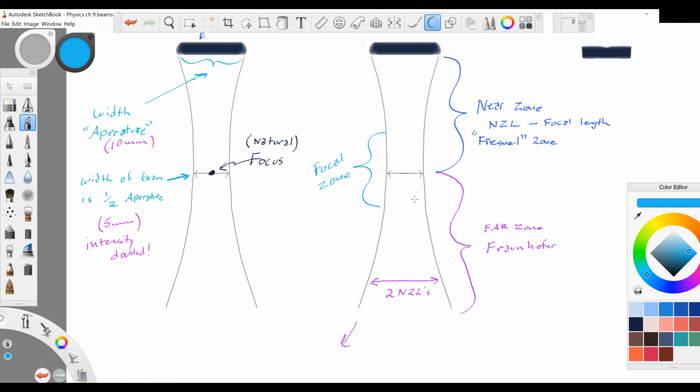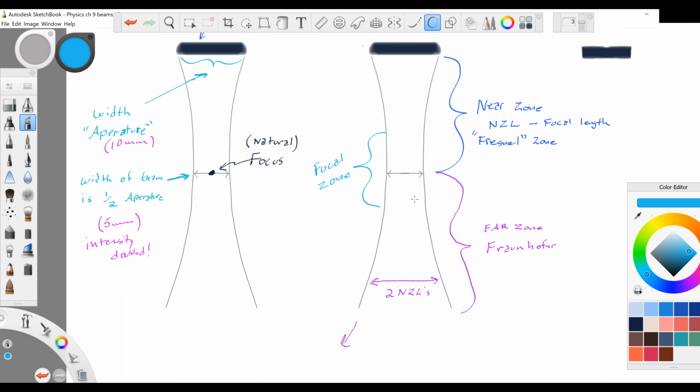Okay, so summary. Wow, we're already at a summary. To clarify the concept of beam profile, the sound beam exits the probe and immediately enters the near or Fresnel zone. So in the first half, it's in the Fresnel zone. It gets progressively more narrow until it gets down to the focus, at which point the beam starts to diverge.